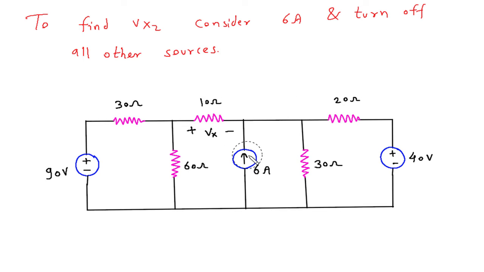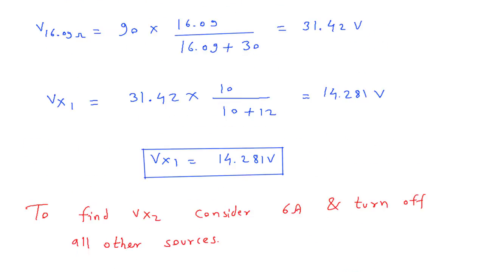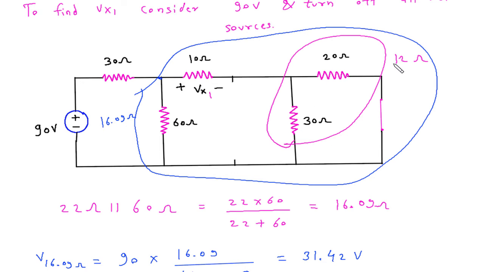So we will consider this 6 ampere and turn off this voltage source and this voltage source. When we turn off a voltage source, it will be short circuited. Now we have to find this Vx, which will be Vx2. As we can see, this 30 ohm in parallel with 20 ohm will be 12 ohm.